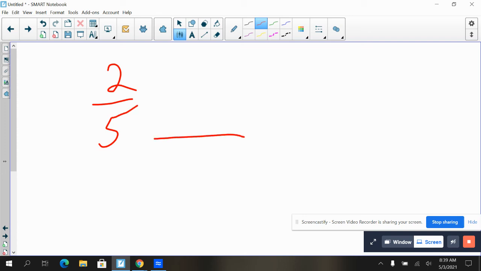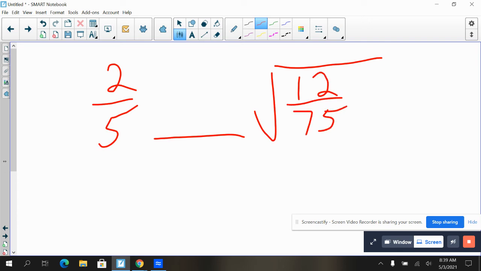2/5 greater than, less than, or equal to radical 12/75. Obviously, 2/5 stays the same. What do we get over here with radical?